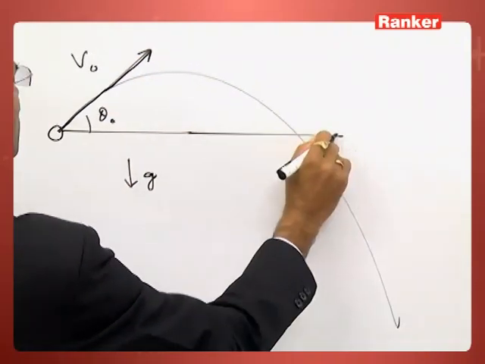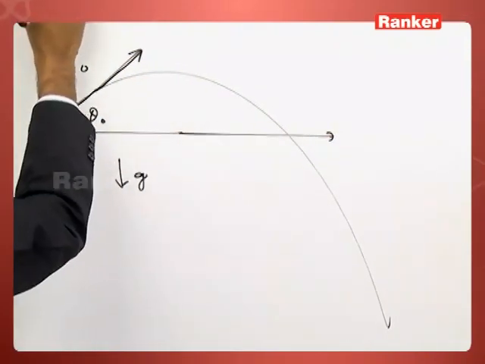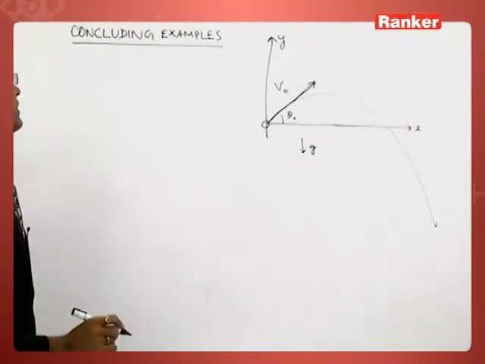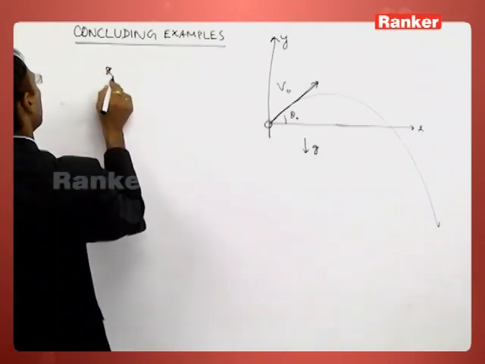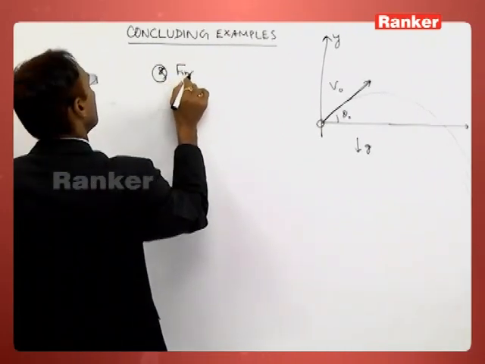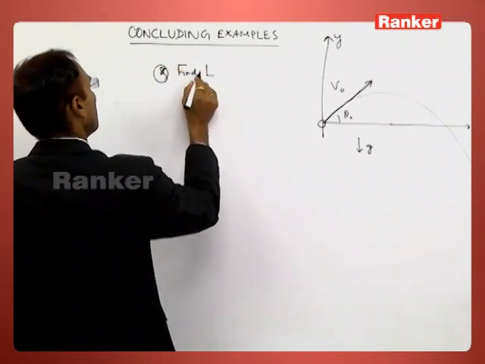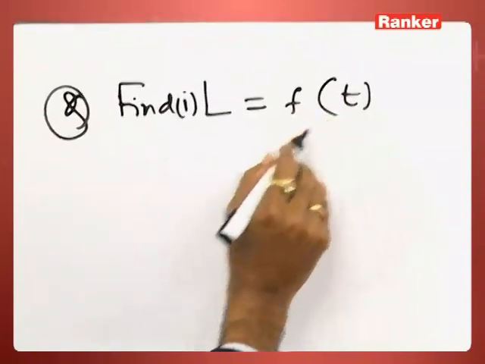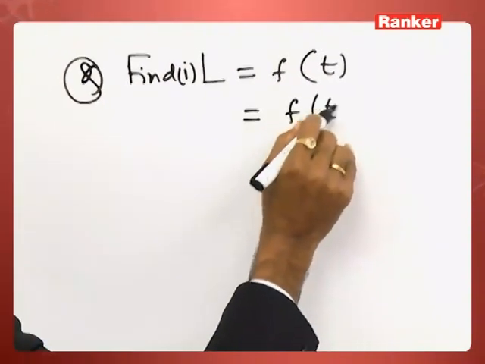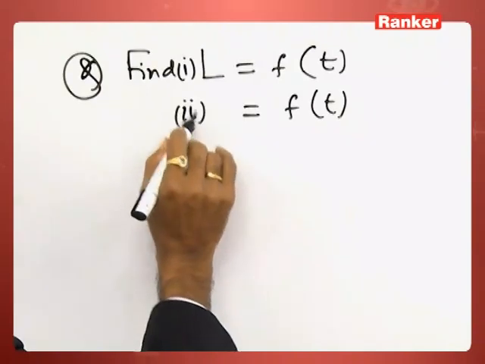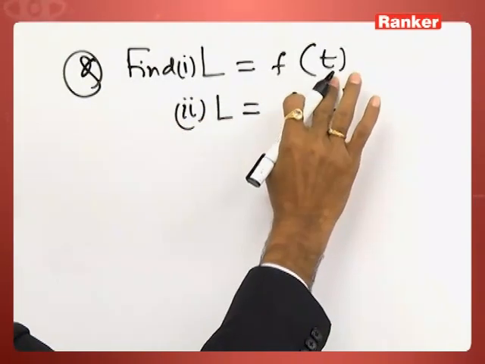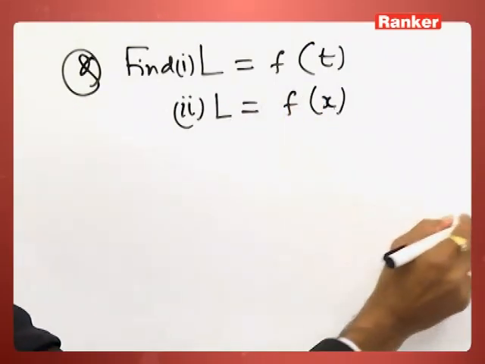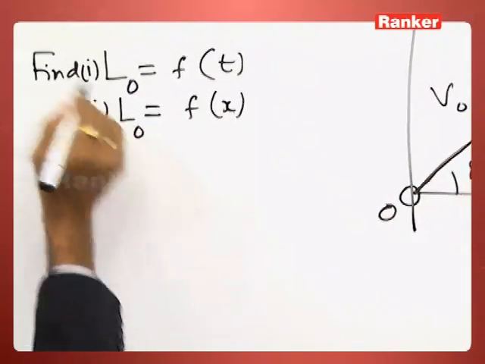We need to calculate the angular momentum of the particle as a function of time, and the angular momentum of the particle as a function of x distance with respect to the point of projection.